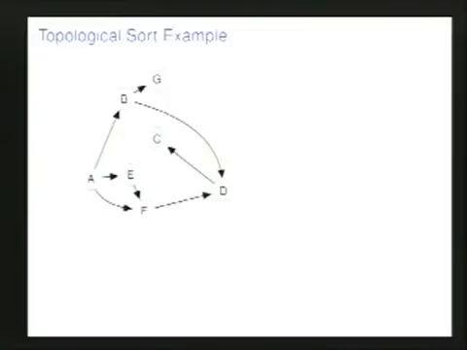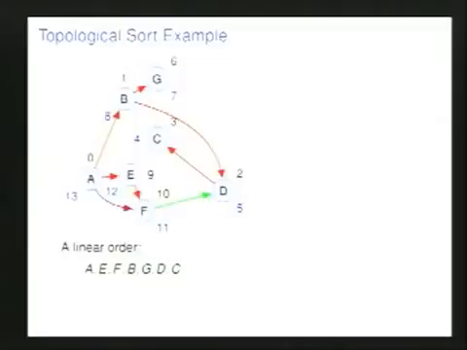So again, let's look at an example here. A linear ordering looks like that. Every arc here goes from left to right. Okay, let's just check the arcs. The one from A to E is fine. Any one from A is going to be fine, right? Because it's first. So let's look at F. The outgoing arc goes to D, which is afterwards.